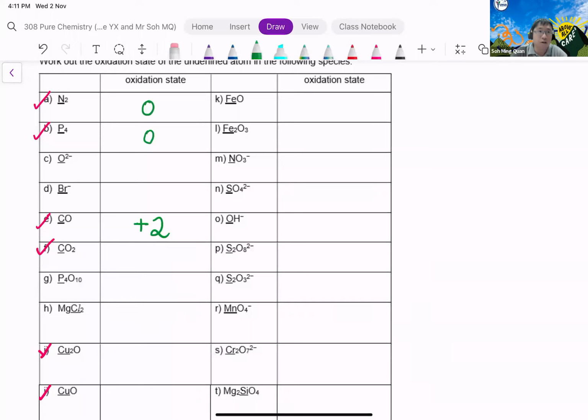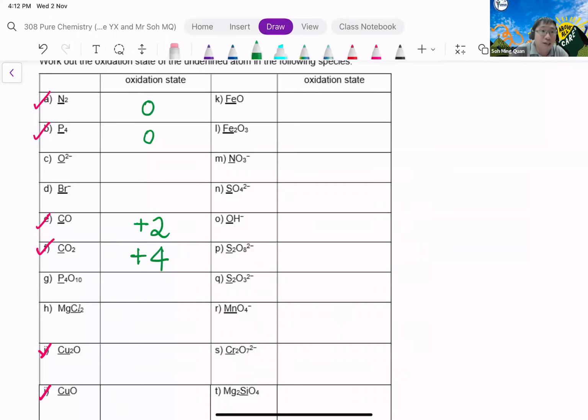What is the oxidation state of carbon in CO2? +4. Do you realize immediately it's not the same?